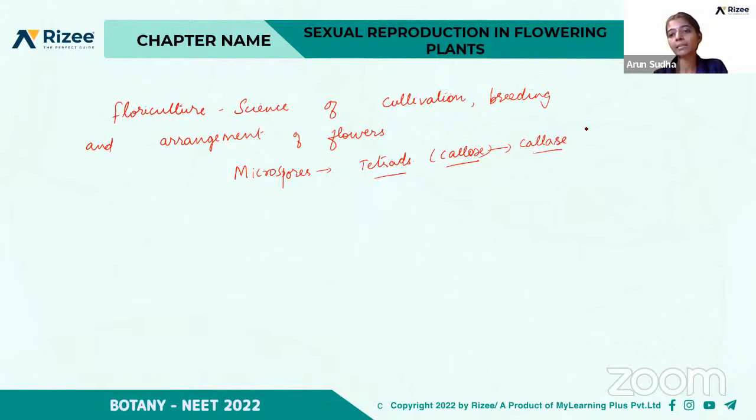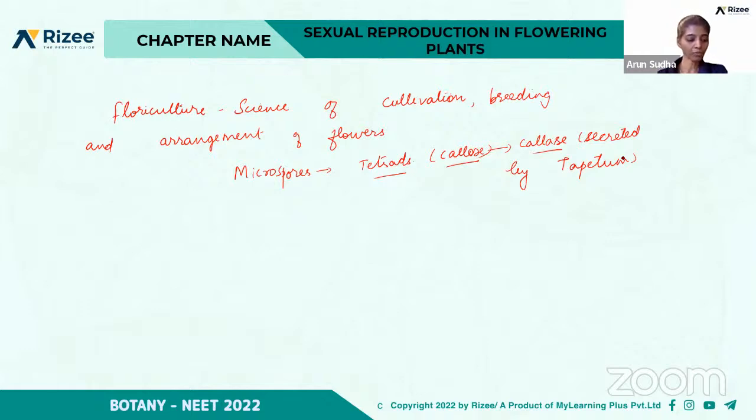And this callase enzyme is secreted by tapetum. We saw the functions of tapetum, right? It is involved in the secretion of enzymes and hormones. So this callase is the main enzyme secreted by the tapetum, and it helps in the degradation of the callose which joins the microspore tetrads. Okay, clear?